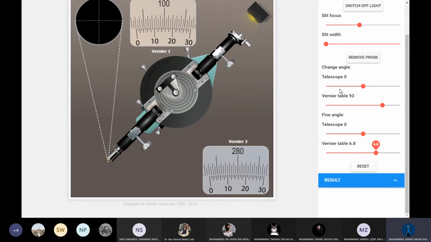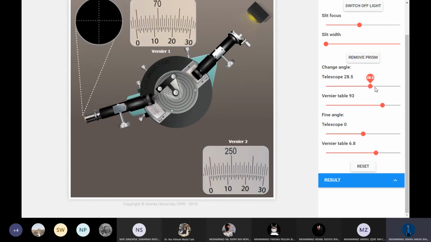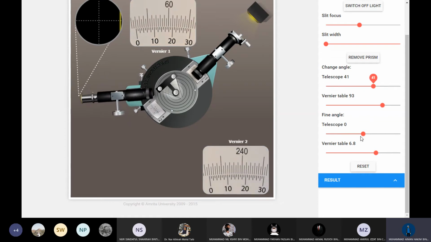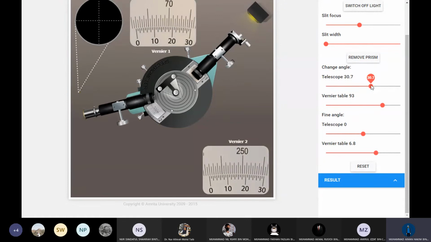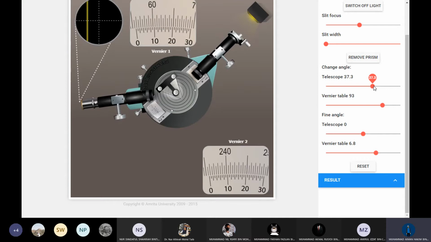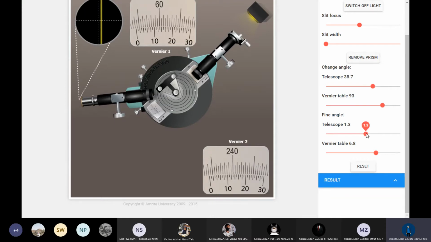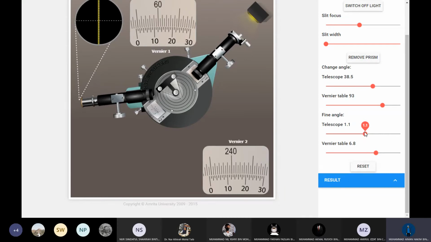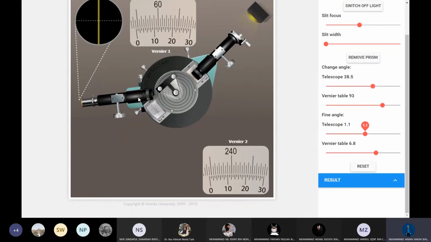Okay, then we move the telescope to get the slit to coincide with the crosswire. We can also use the fine angle to get a better angle. And then we record the readings of vernier 1 and vernier 2.